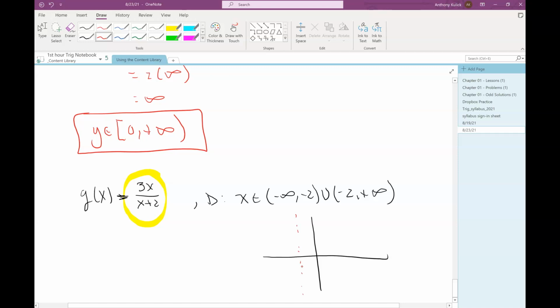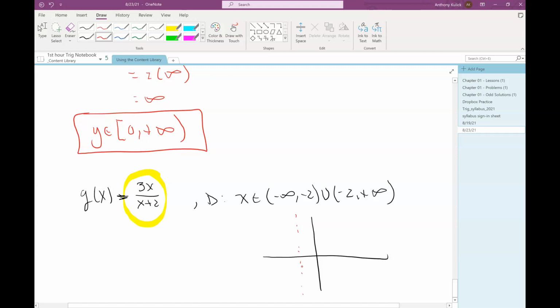And the horizontal asymptote depends on the form that we have, right? So here, where I have x's in both the numerator and denominator, and the x's are of the same degree, I have an x to the first in the numerator, and I have an x to the first in the denominator. The horizontal asymptote is going to be the leading coefficient of the numerator, that's 3, divided by the leading coefficient of the denominator, that's 1.